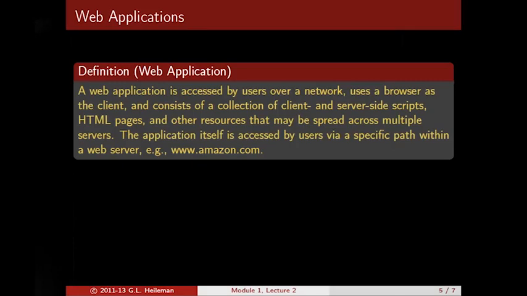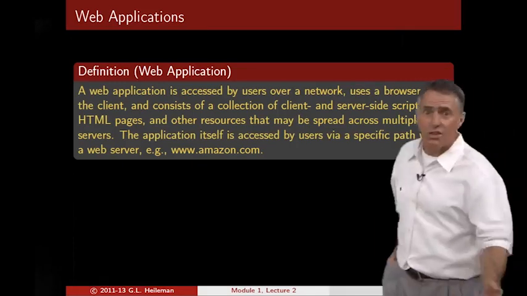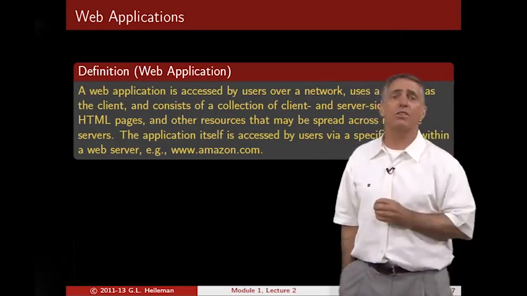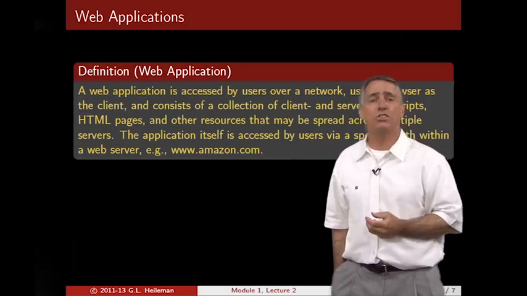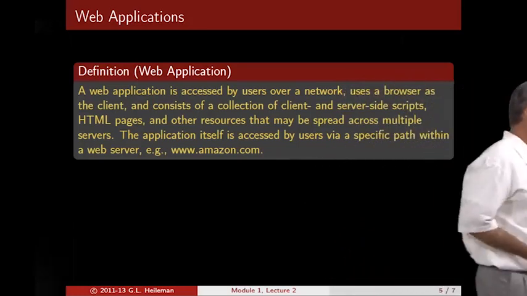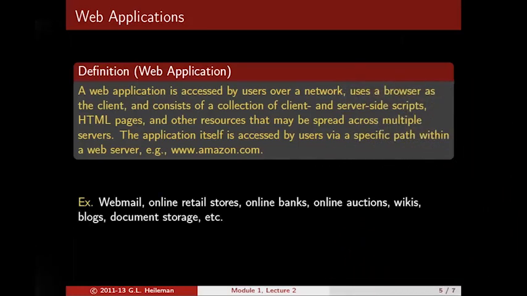For example, if you visit Amazon.com, there's a particular path within the server that responds to that request and returns pages accordingly. Other examples include webmail that I'm sure you use, online retail stores, online banks, online auctions, blogs, etc. All of these things are examples of web applications that are built on top of a client-server model.